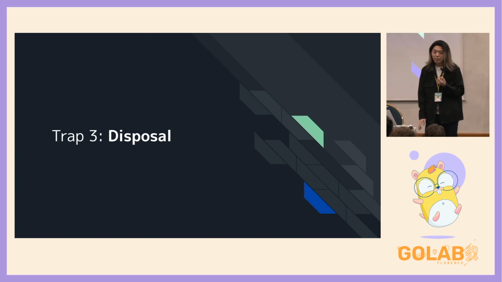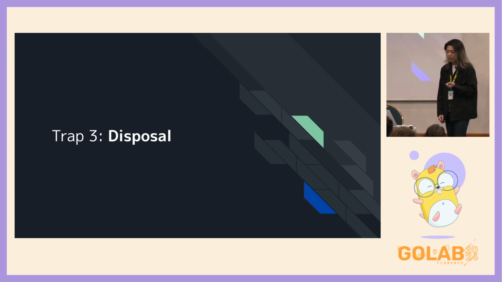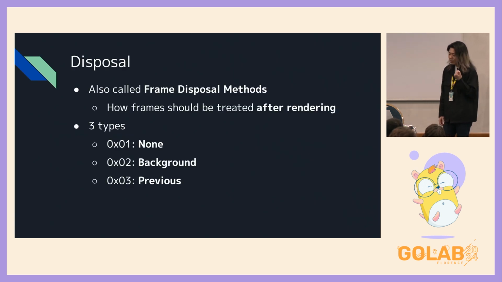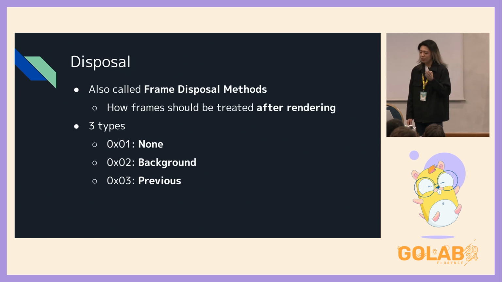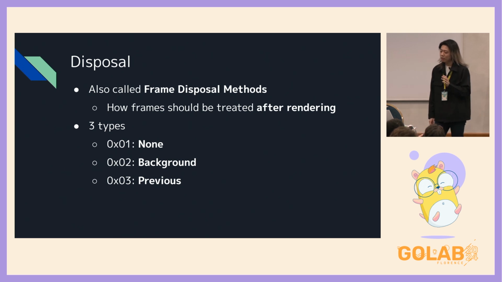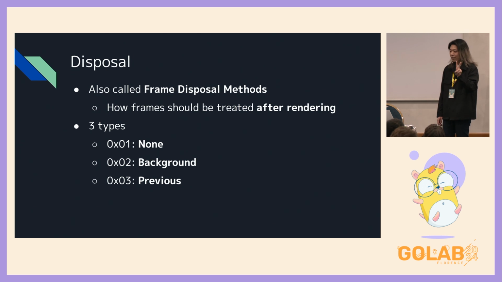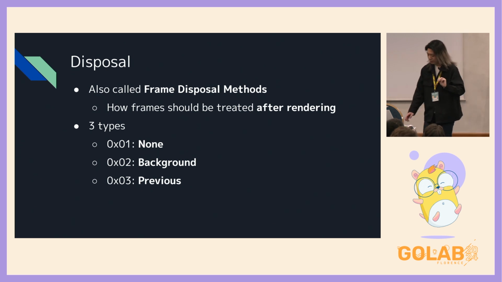So the next trap we need to see is disposal. Let's talk about disposal, which is also known as frame disposal methods. Disposal determines how each frame should be treated after rendering. There are three types of disposal methods: none, background, and previous.